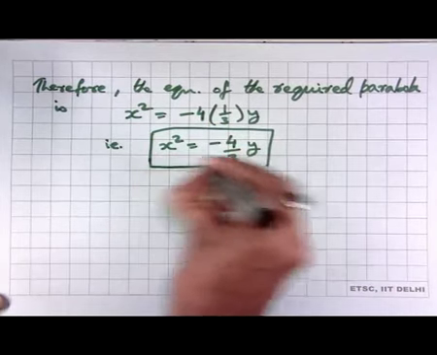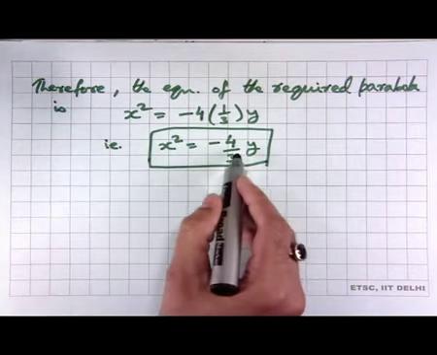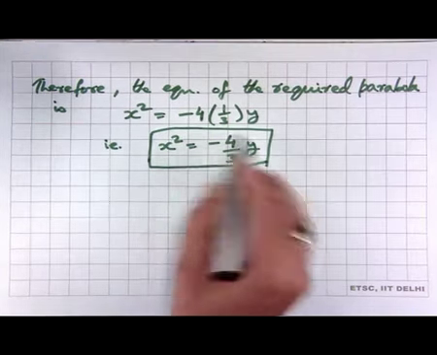This parabola satisfies the given conditions that it is symmetric about the y axis and it passes through the point (2, -3).